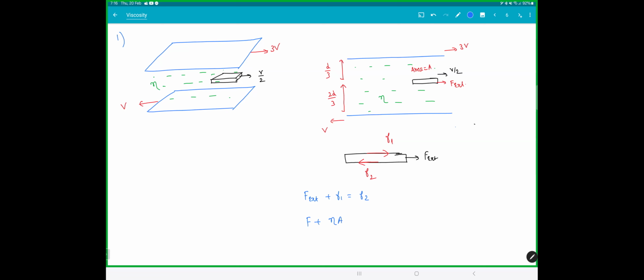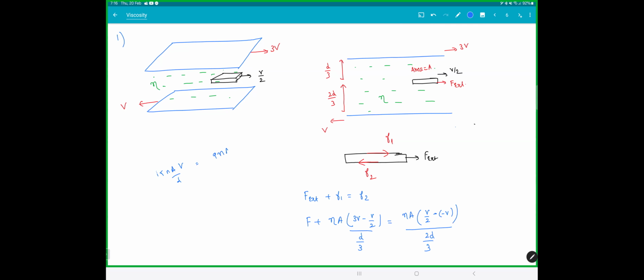F1 is eta area, relative velocity between the two layers, which is 3V minus V by 2, divided by the distance between the layers, D by 3. F2 will be eta area, relative velocity is V by 2 minus of minus V, divided by the distance 2D by 3. How much is this? 15 eta AV by D. That guy will be 3.